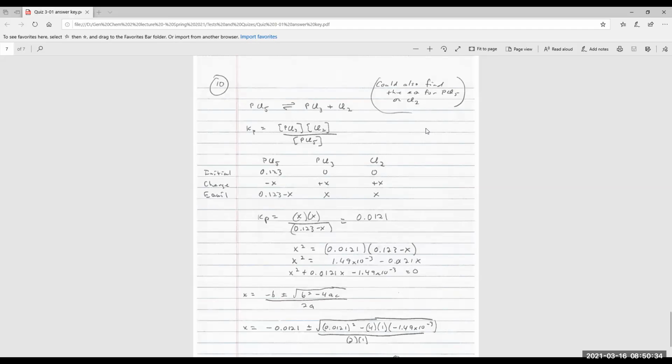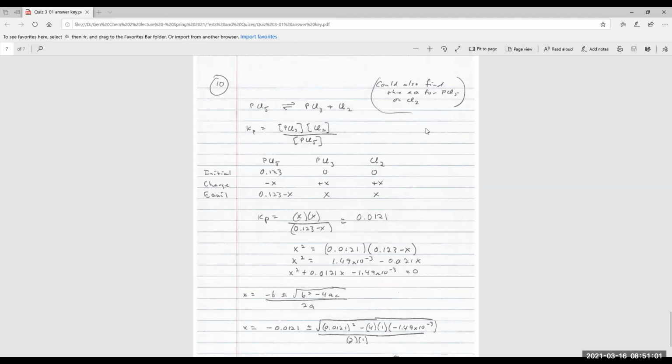Set up our little table of reactants and products, and then initial, change, and equilibrium concentrations. So we start with 0.123, 0 and 0 for the products. At equilibrium, some amount reacts. We're defining that as X because they're all 1, 1, 1 in terms of coefficients.